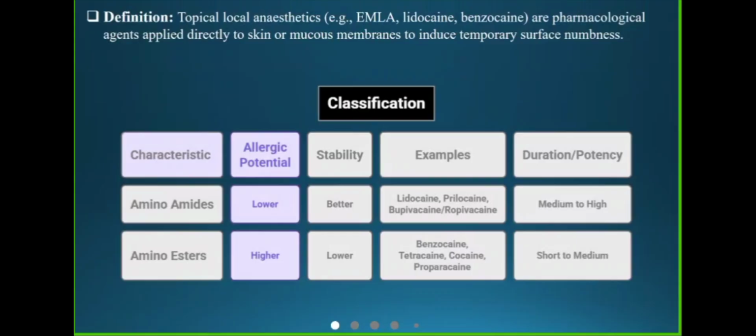The major classification of topical local anesthetics includes amino amides and amino esters. Amino amides have better stability, and examples include lidocaine and prilocaine, and they have a higher duration than amino esters. Amino esters, for example benzocaine, cocaine, and tetracaine, have a shorter duration than amino amides.